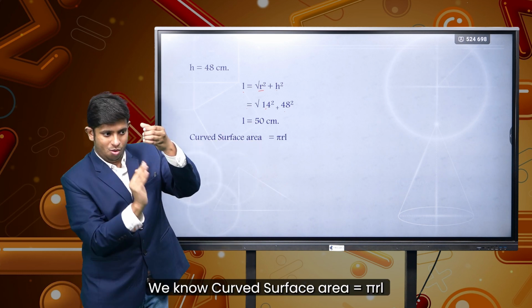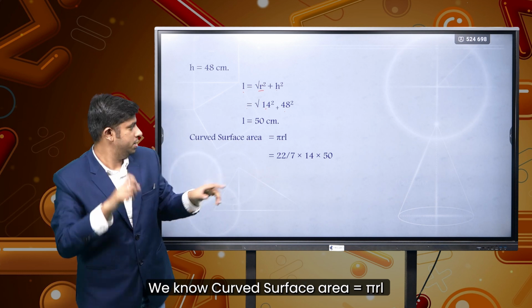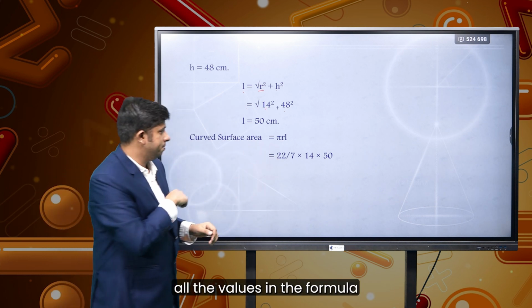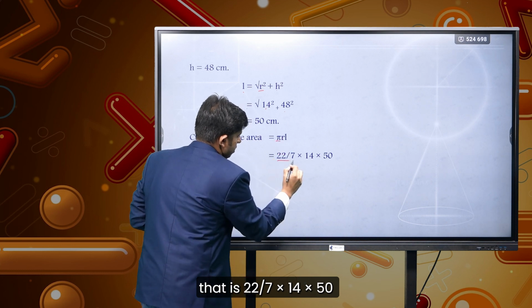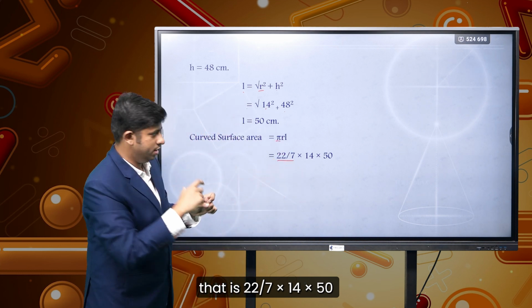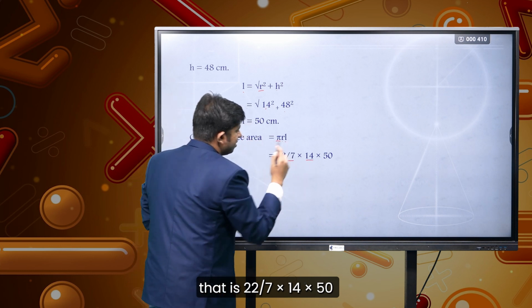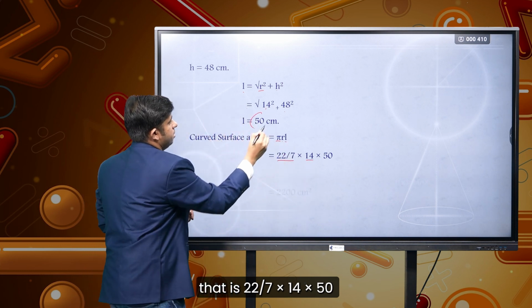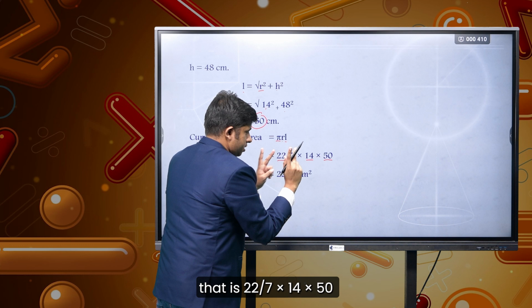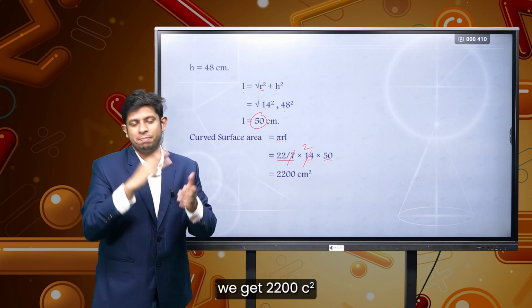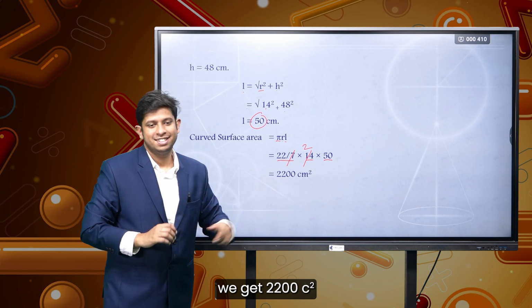We know curved surface area is equal to pi r l. Now substitute all the values in the formula. That is 22 by 7 into 14 into 50. By simplifying, we get 2200 cm square.